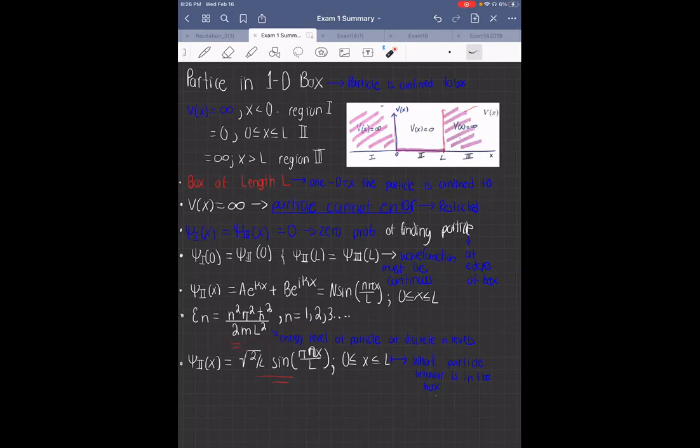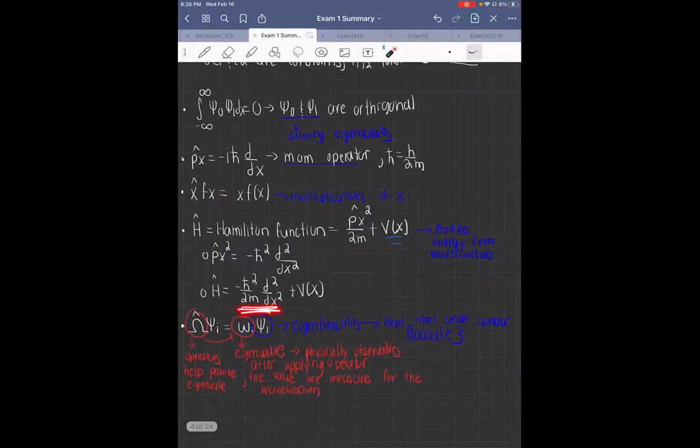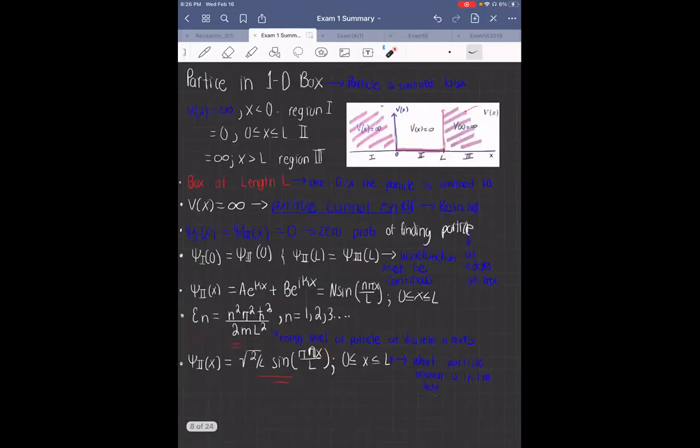From applying the Hamiltonian operator, the Hamiltonian operator would just be this term here, since the potential inside the box is equal to 0. And so after applying the Hamiltonian, you can get this eigenvalue. And instead of applying an operator every single time, we can just use this equation here.